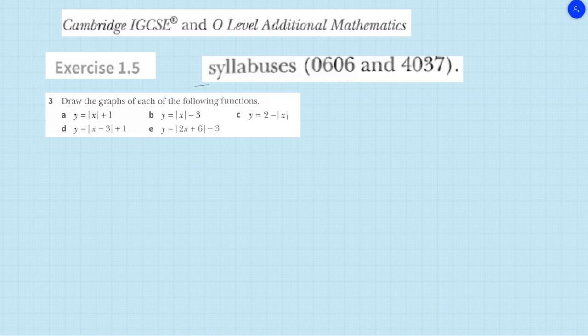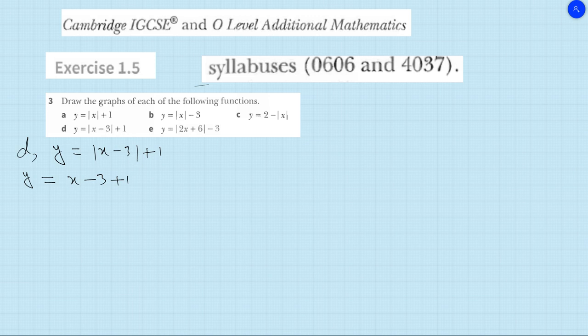What is part D? y is equals to absolute x minus 3 plus 1. First, we have to write the equation without the absolute valued function, x minus 3 plus 1.